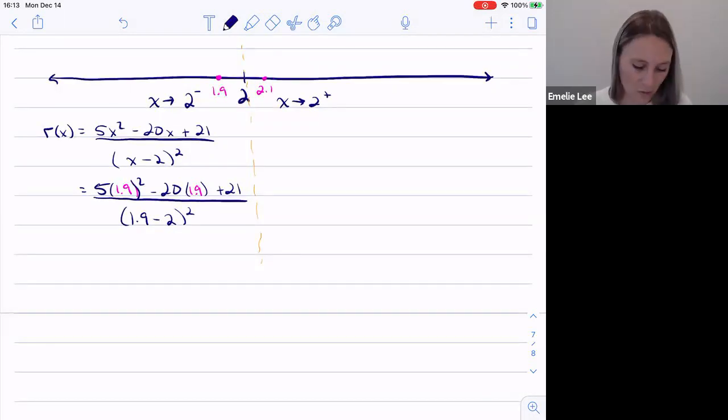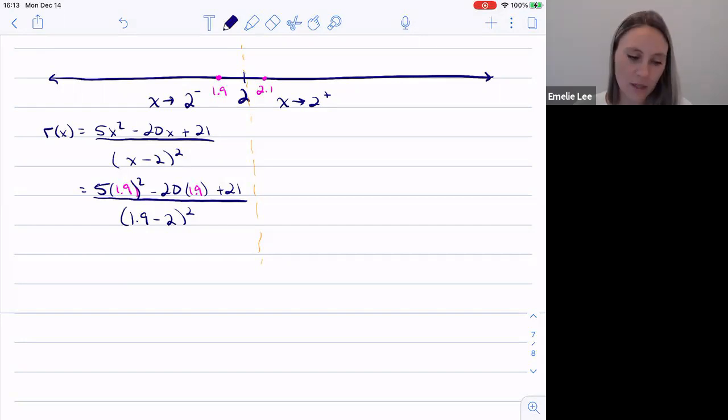So 1.9 squared times 5 minus 20 times 1.9. Make sure you do the 20 and 1.9, multiply those first and then subtract them. Plus 21.